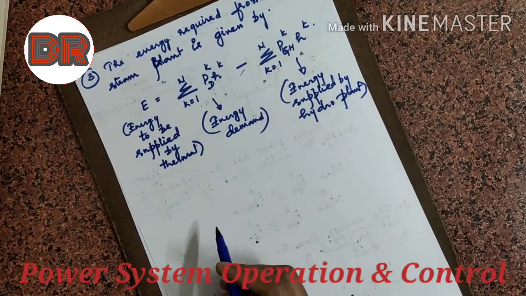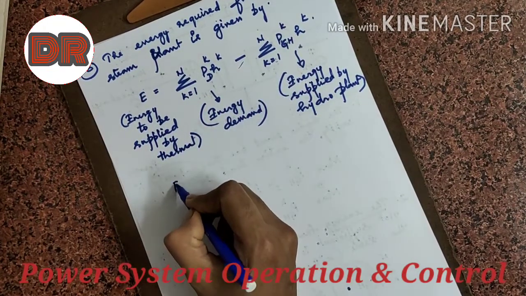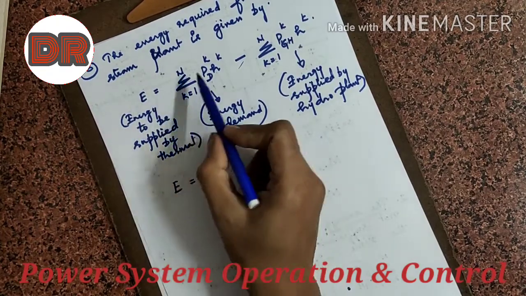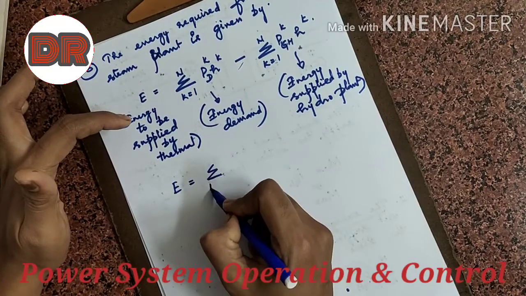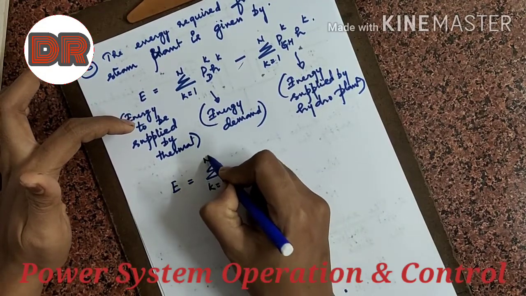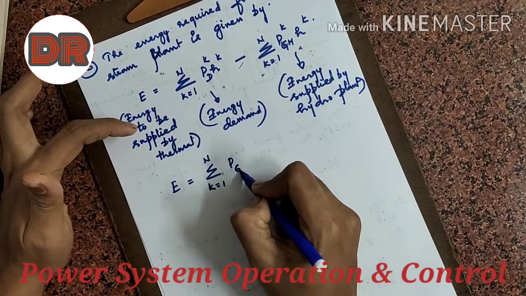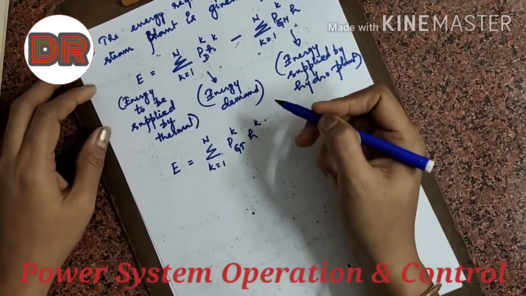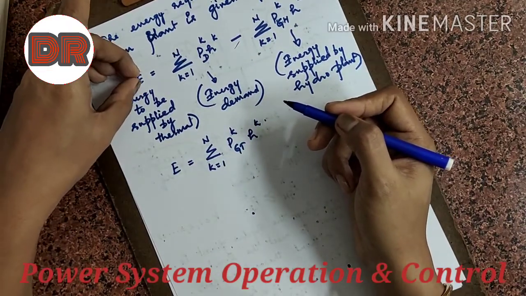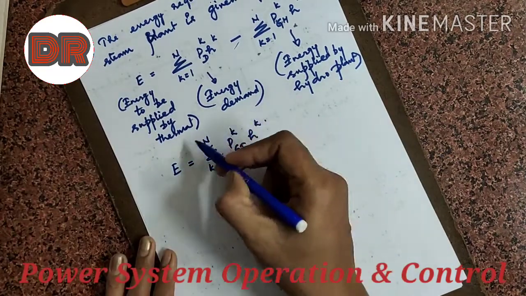So now from this what we can write, E is nothing but, similar to this format, summation K equal to 1 to N PGT K HK. So this is for thermal. I can replace E here by this term.